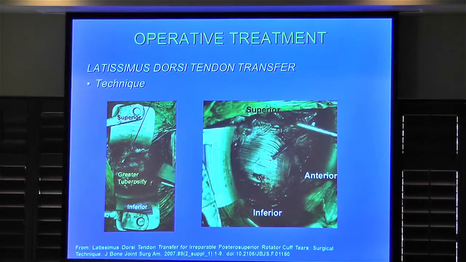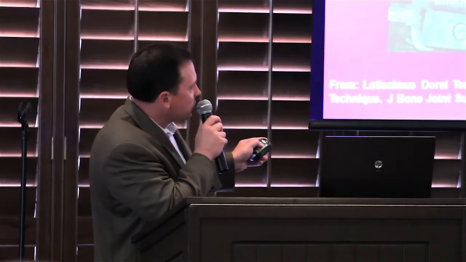And this is what it looks like in the real world. There's the torn rotator cuff tendon medially, or closer to the midline of the body, and the subscap tendon. Here's the transfer tendon here, and there's the subscap where you sew it in there, and the torn and retracted rotator cuff there.